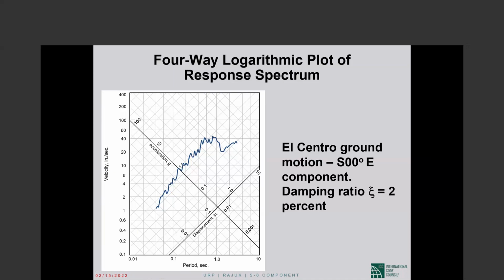So the x-axis has period on it, could be frequency. The y-axis has spectral pseudo-velocity, always on the tripartite plot. And then if period is on the x-axis, this diagonal scale from left to right gives you the spectral displacements.